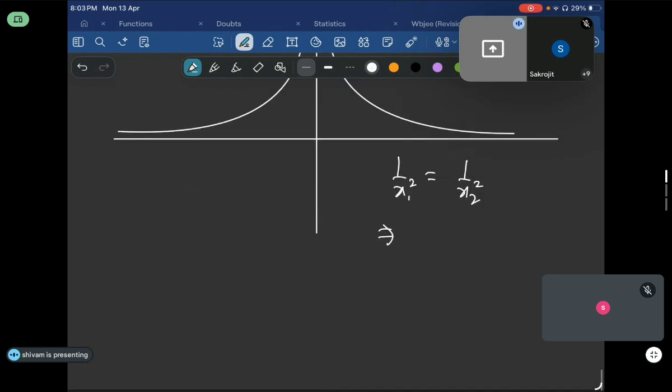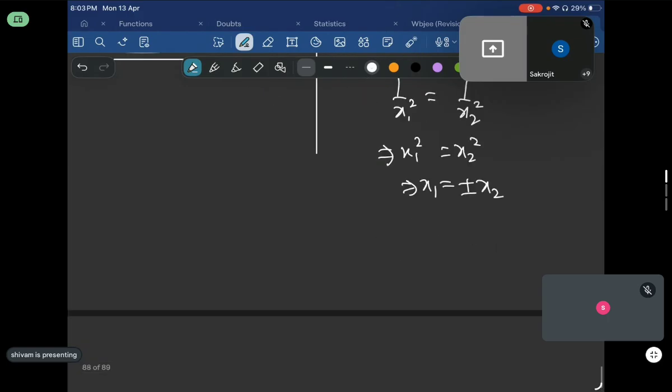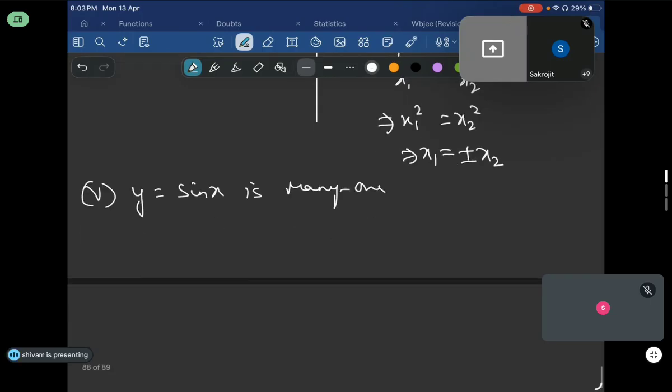This implies x1 square is equal to x2 square. This implies x1 is equal to plus minus x2. Next, number 5: y equal to sin x is many one, everyone knows. Number 6: y equal to cos x is many one.